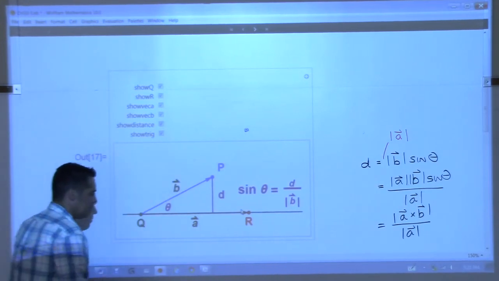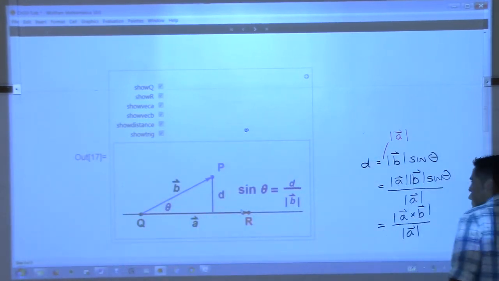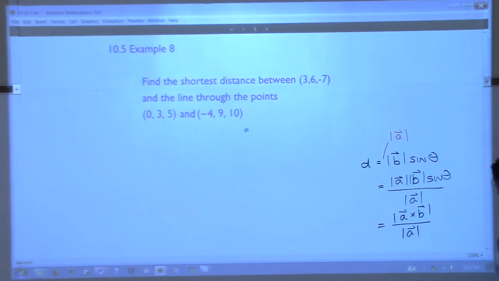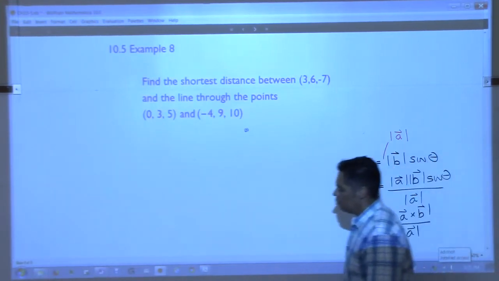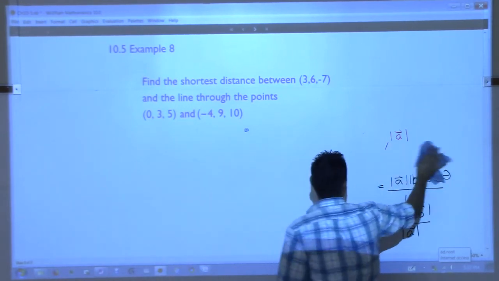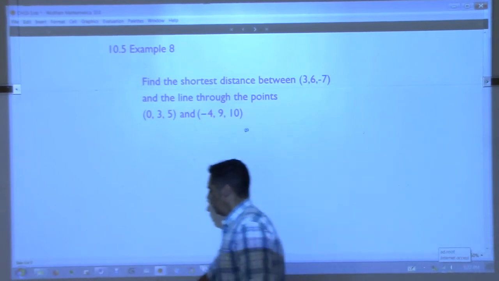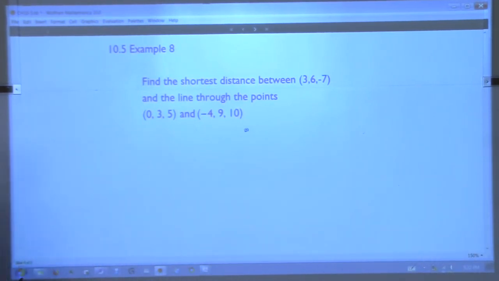Okay, so let me re-illustrate that with an example. Let's find the shortest distance between this point, (3, 6, -7), and a line that goes through those two points. So I'm going to draw my picture here.